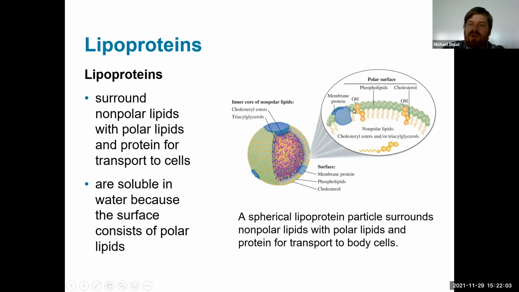So what happens is the polar heads arrange themselves on the outside, and the nonpolar tails arrange themselves on the inside. So this whole area inside the lipoprotein is very nonpolar. And that's where these cholesterol esters will be in the lipoprotein. These are soluble in water overall because all of the polar sites on the outside will interact favorably with water.